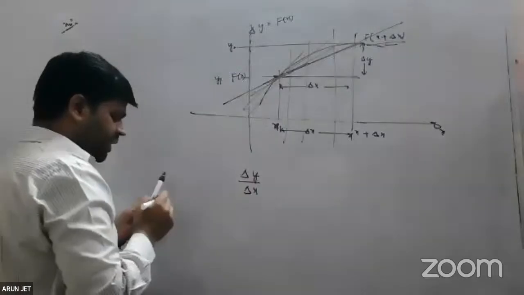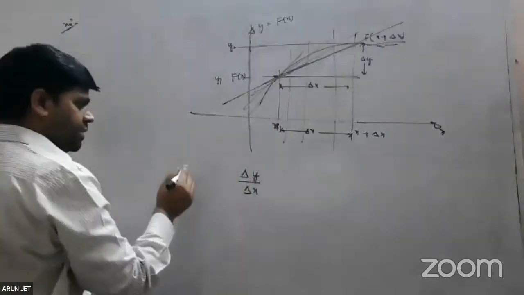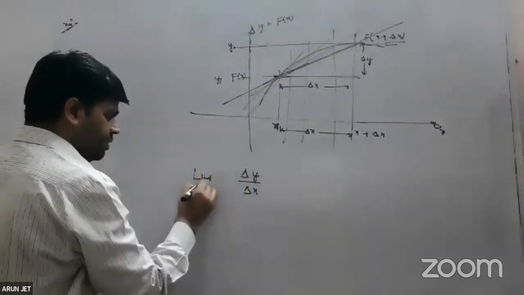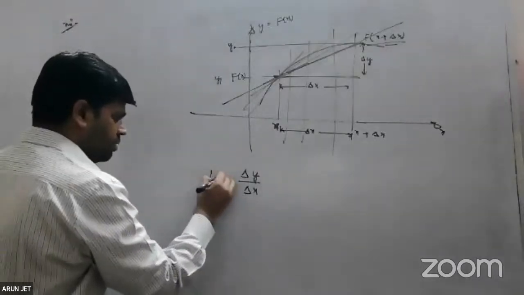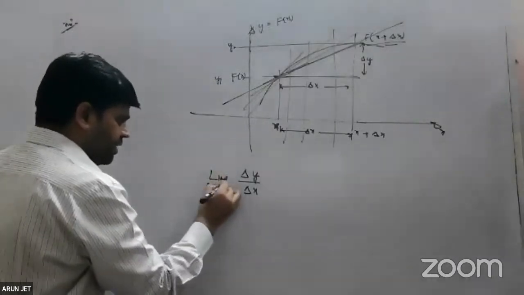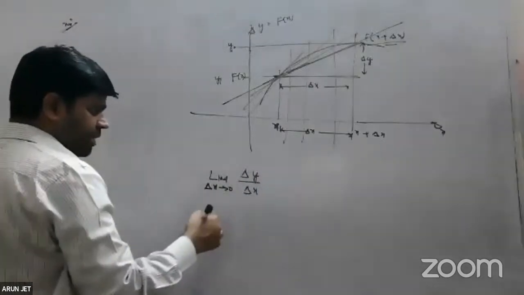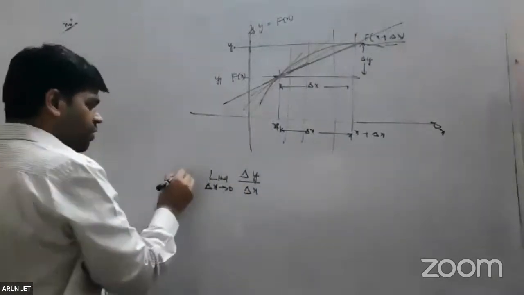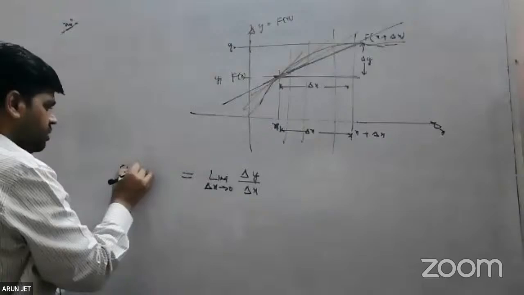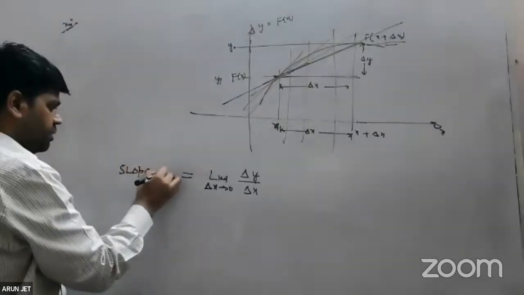Finally, when I take delta x closer and closer to zero, that means if I say limit delta x tends to 0, delta y by delta x, which is the slope of the chord, what I get is the slope of the tangent.